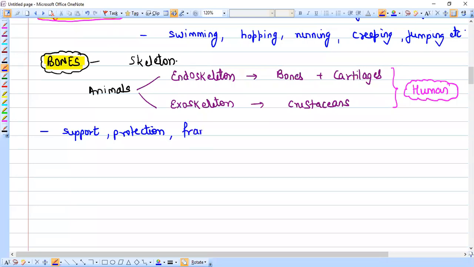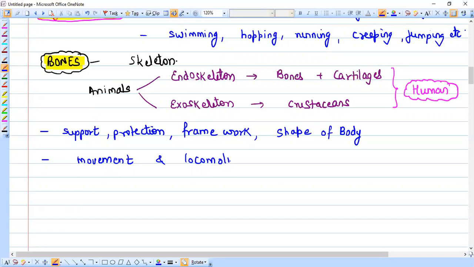And most important, it gives me a framework, a shape to my body. Imagine your body without bone, it will be like mud, nothing else, just slime basically. And at the same time, it gives shape to the body. So this becomes a very important role of the bones. And bone plays a very important role in movement and locomotion. That is why bone is a very important part of our body, the skeletal system.